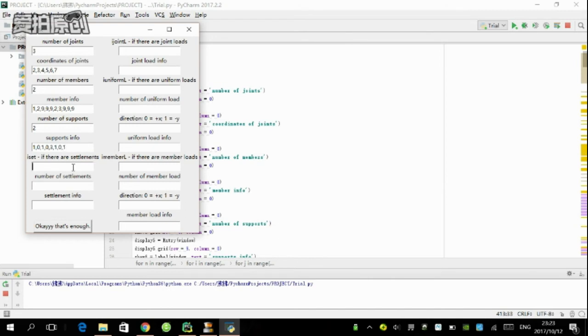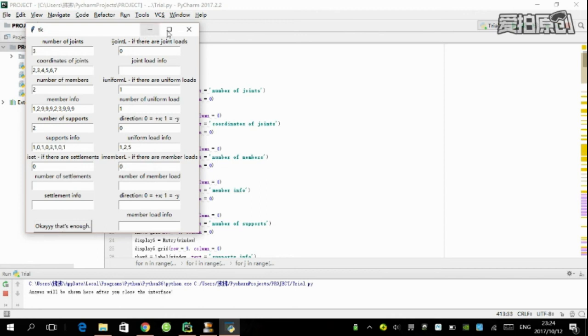And suppose that there are no settlements at supports, no joint load, and there's a uniform distributed load. The direction is supposed to be the positive x direction, starting from joint 1 and ending at joint 2, and it's 5 Newton per meter. Although it's not really reasonable in an engineering sense, I just tested it, and there's no member load.